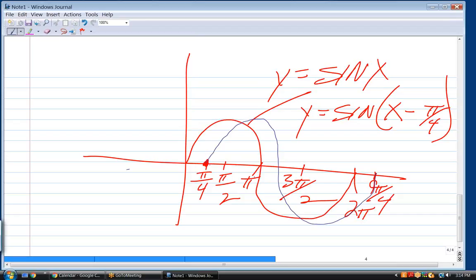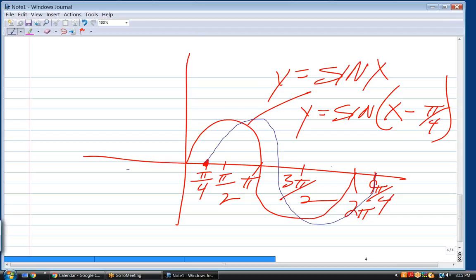One way to do your phase shifts, and I did them this way for years until I found an easier way, is to draw the curve that has not been phase shifted and then just move it. The new curve is basically parallel. The new curve, the blue curve, is parallel to the red curve, only it starts pi over 4 to the right, and it ends pi over 4 to the right.